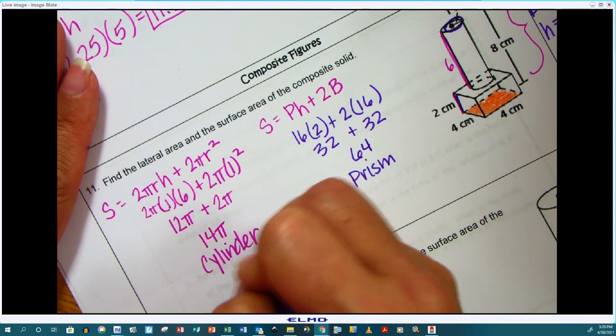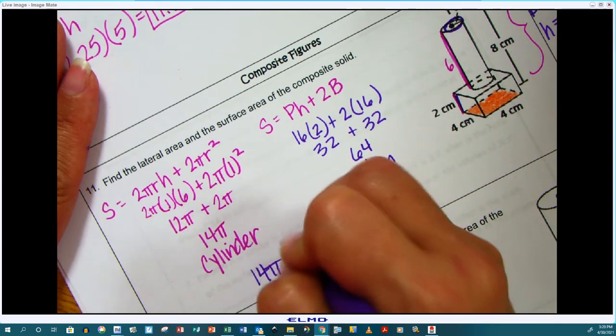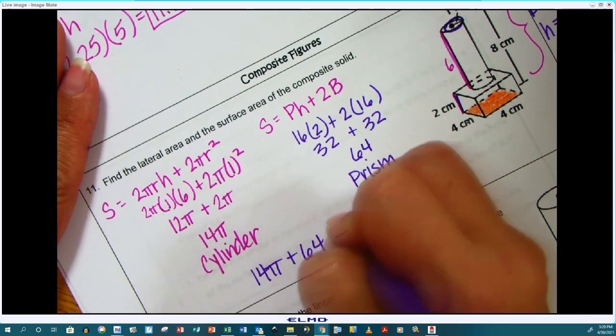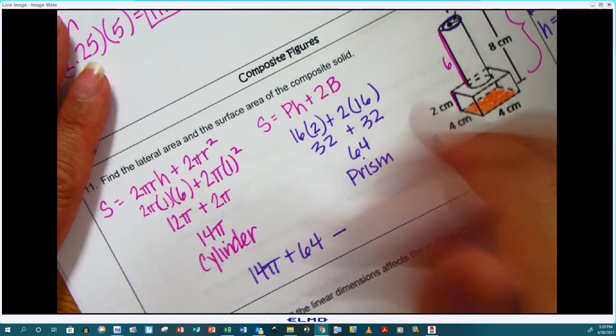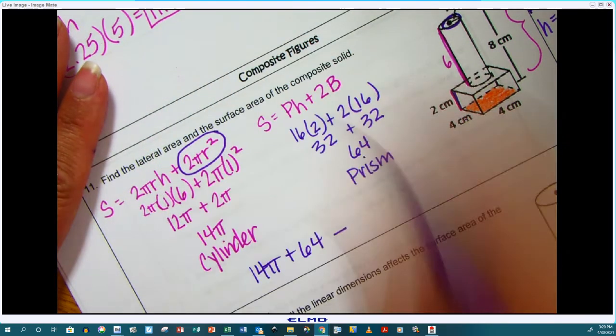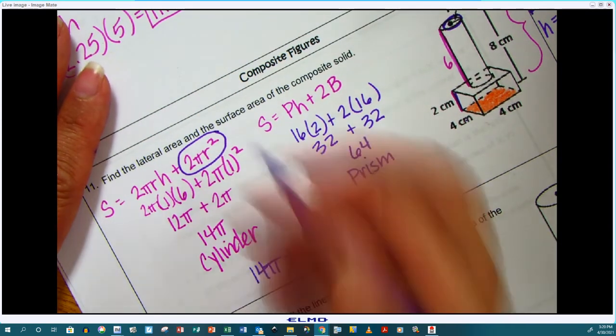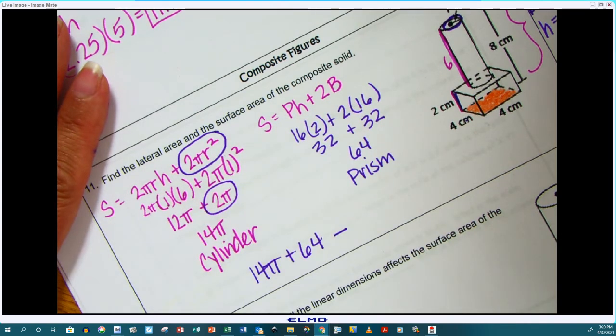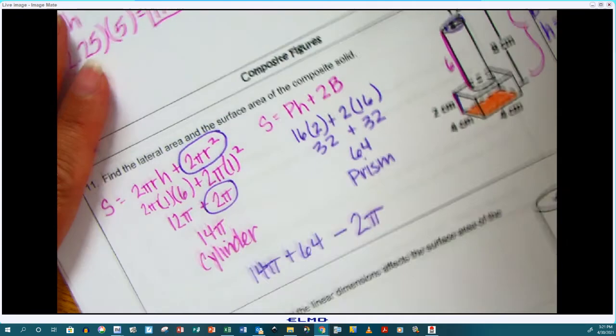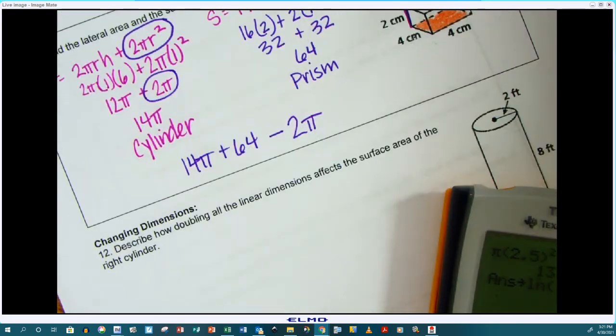So we've got 14 pi plus 64 minus 2 circles. Well, guys, isn't this part right here 2 circles? And that's 2 pi, isn't it? So let's subtract 2 pi then.